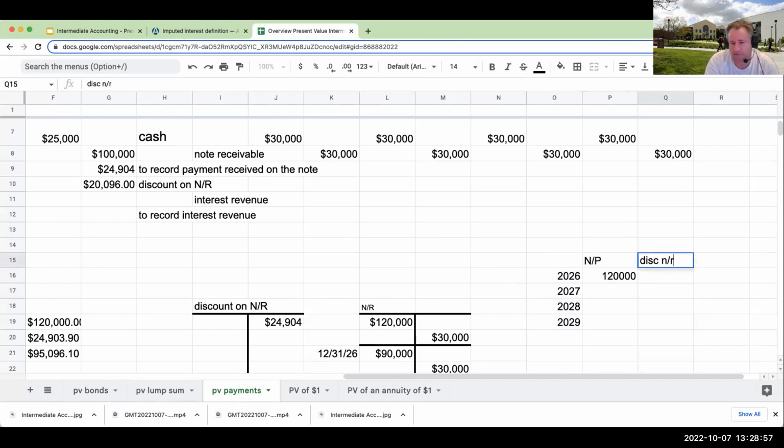My discount on note receivable is going to be 24,904. So my note receivable carrying value is going to be 120 minus 24,904.